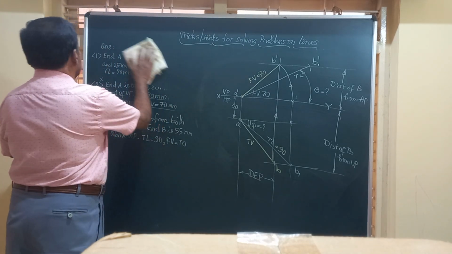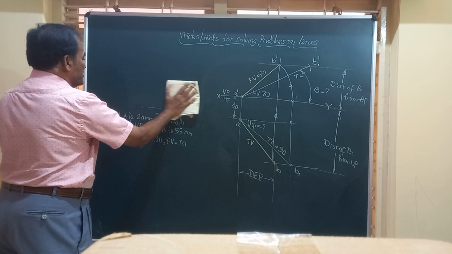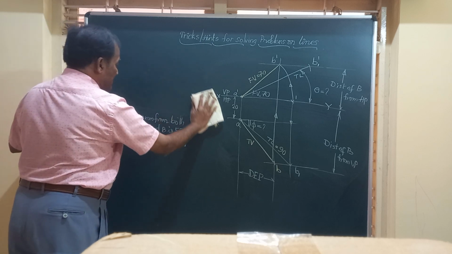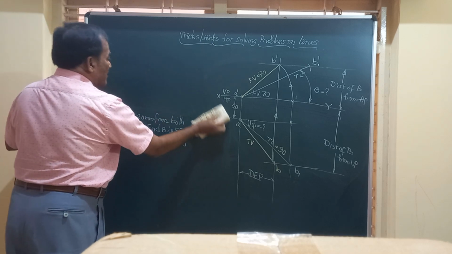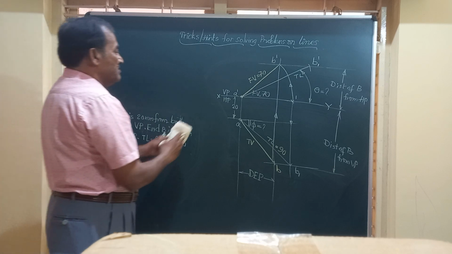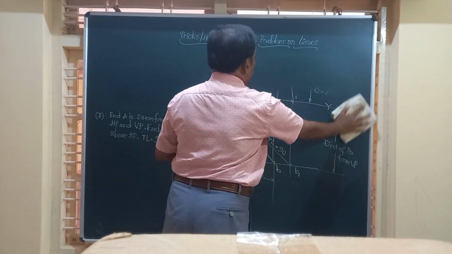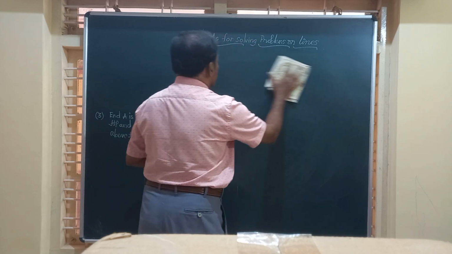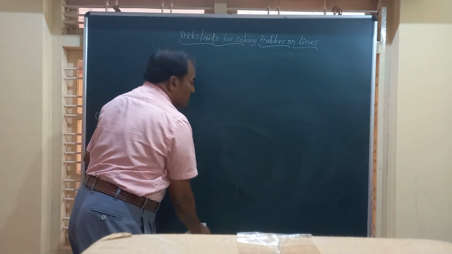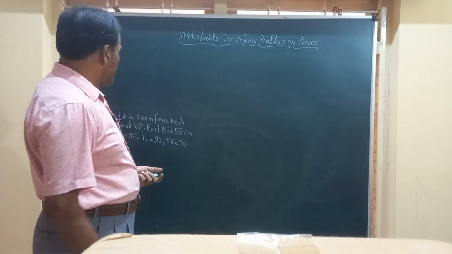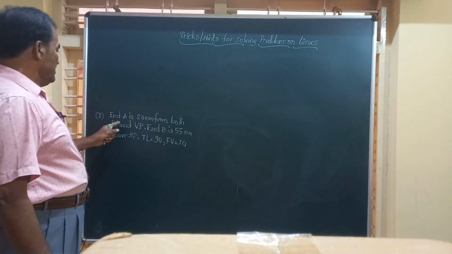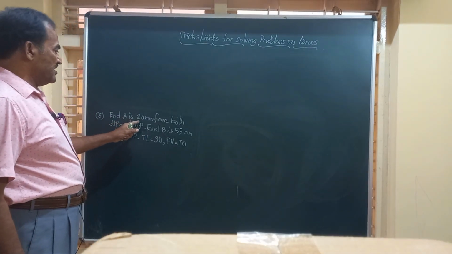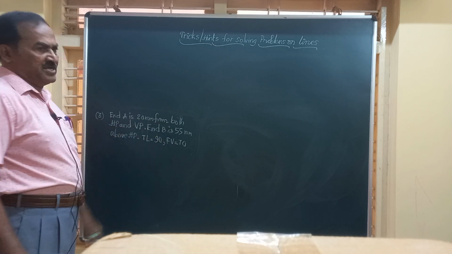Friends, finally, let us take up question number 3, in the same video. So what is given in the third question, friends? It says, the end A of a line is 20 mm from both HP and VP.